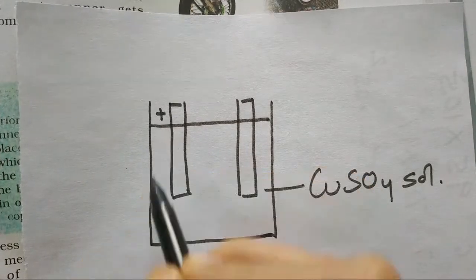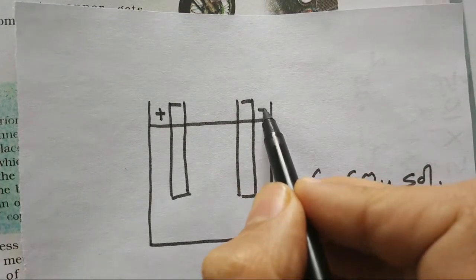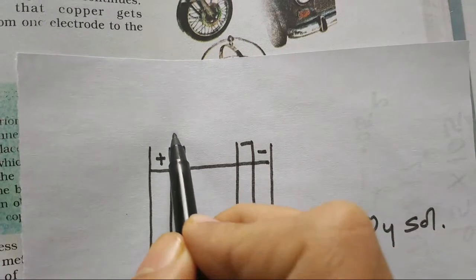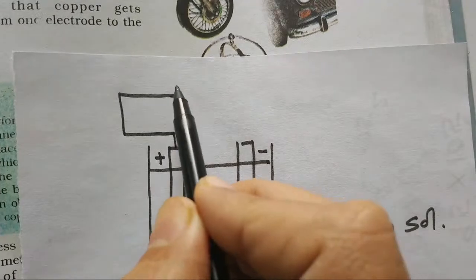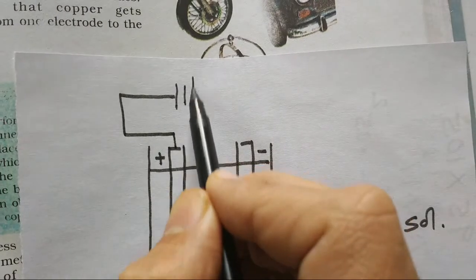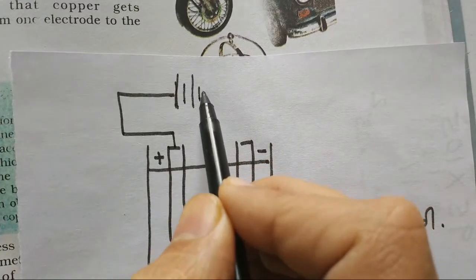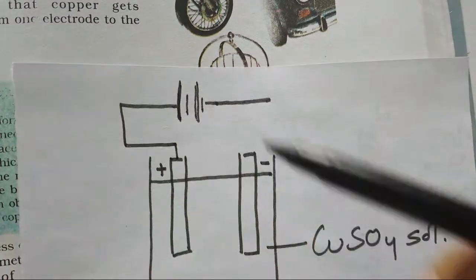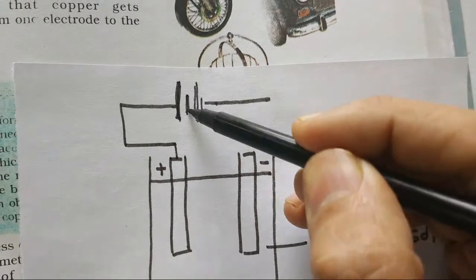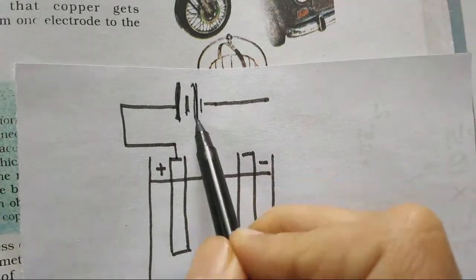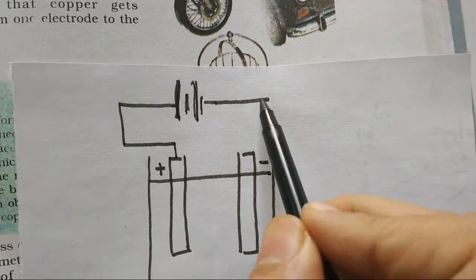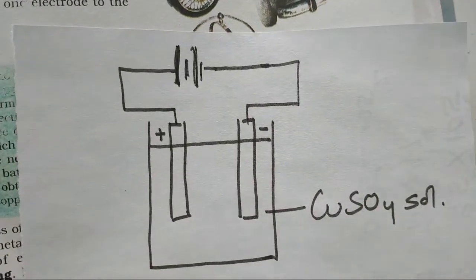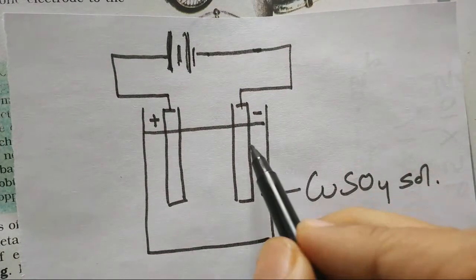One rod is connected to the positive and another to the negative terminal, and these are connected through wires to a battery. In the previous class I explained that this symbol, one long line and one short line, is the symbol of a battery, and it is connected with wire to the second rod, and both are copper.